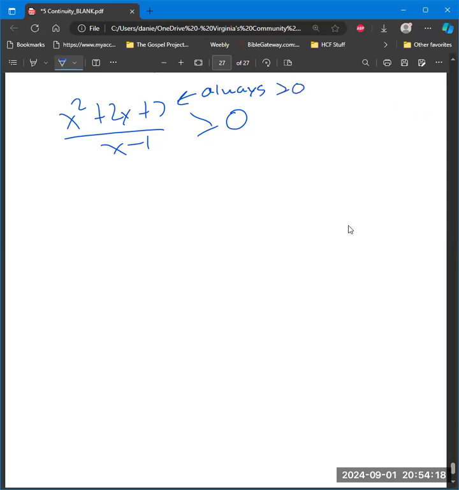And so positive divided by something, and I just need to make sure that that's not negative. So x needs to not be 1, where the vertical asymptote happens.